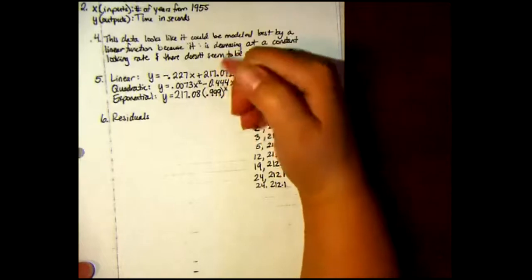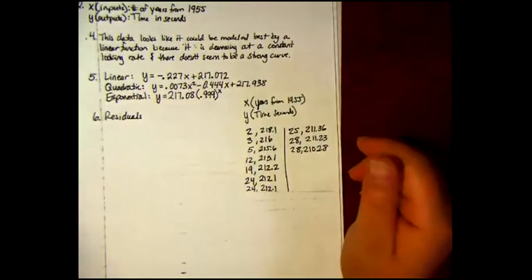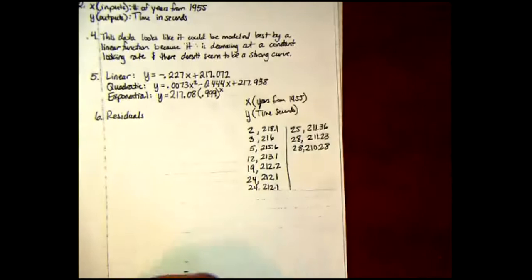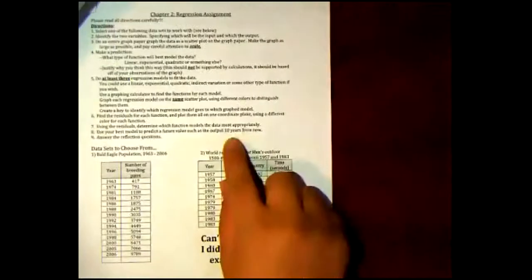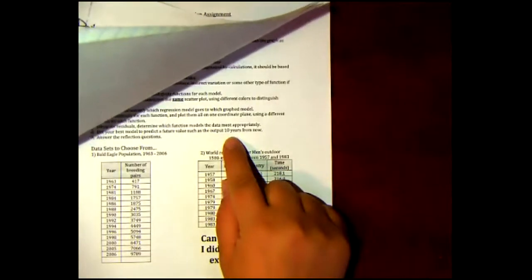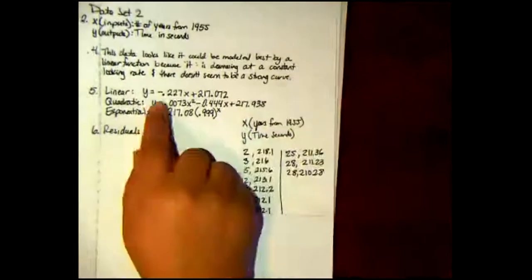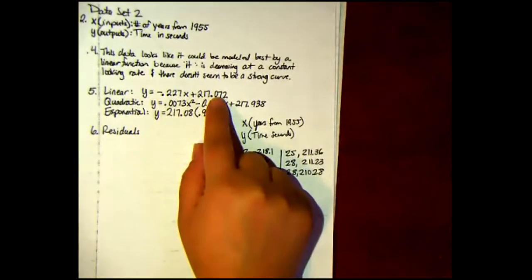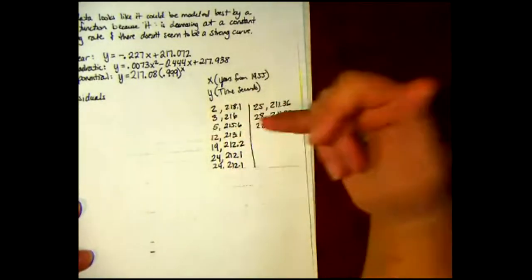Once you've determined which one of these models is the best, which I apparently did not finish, I do apologize for that, you're then going to plug in a value. The 10 years is just an example, but it doesn't stop you from using it. Suppose my linear function was the best model. 10 wouldn't work here, or actually it would, because I don't have a 10-year mark.